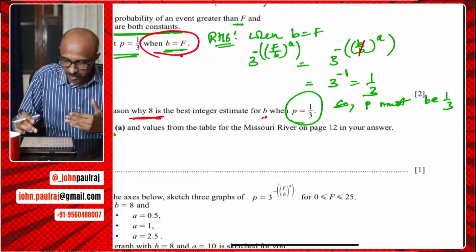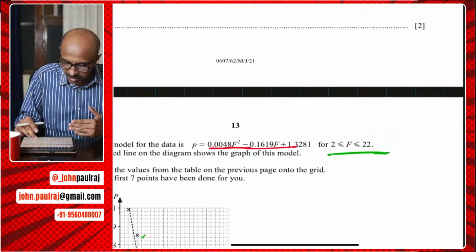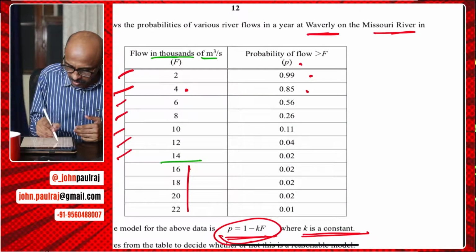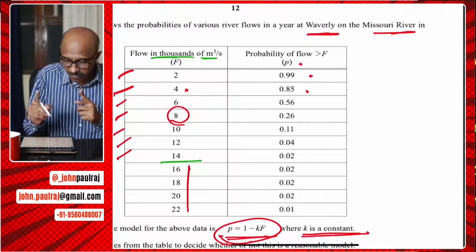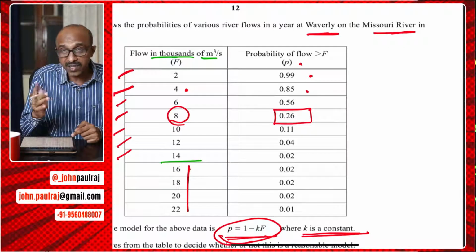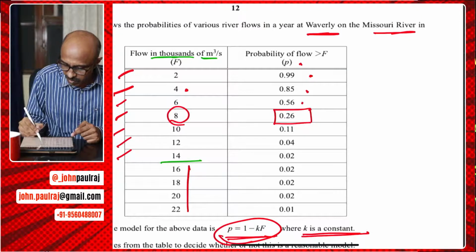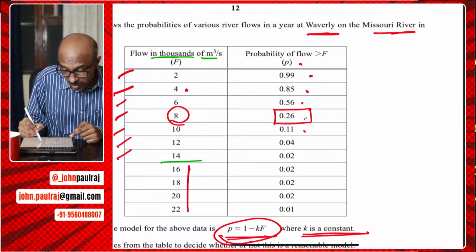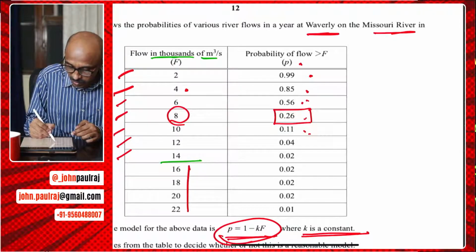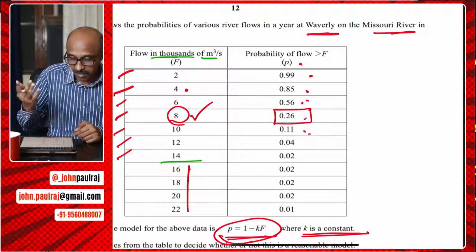Why should it be? Let's get back to the table. All right, let's check what's happening at 8. The flow is 8. Remember, B is equal to F. Okay, flow is 8, and the probability is 0.26. And we know that 1/3 is close enough, right? Otherwise this is 0.56 and this is 0.1. 1/3 is closer to 0.26 than the other two numbers, and therefore this must be a better estimate.